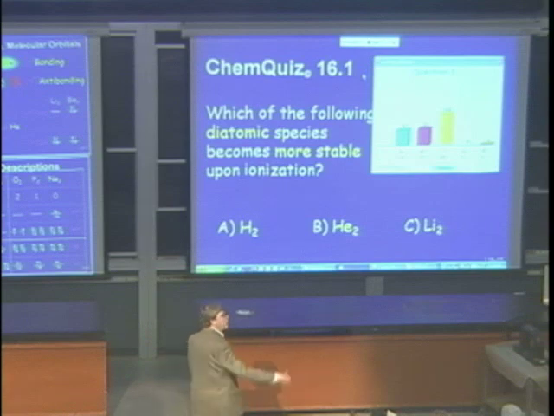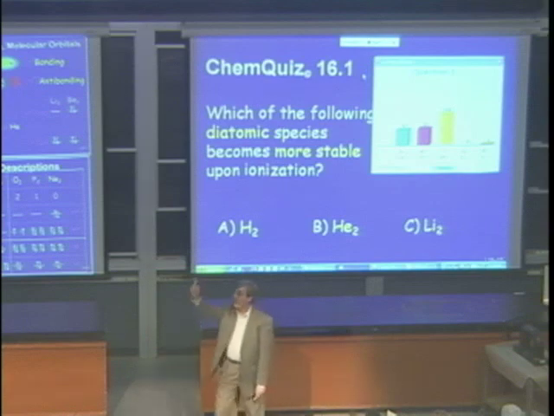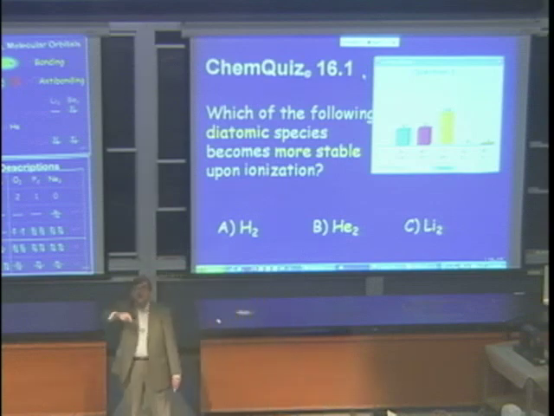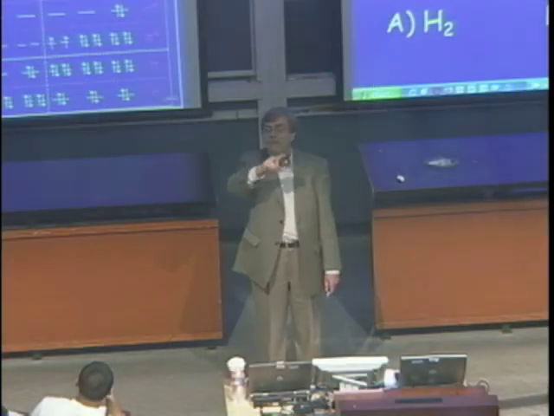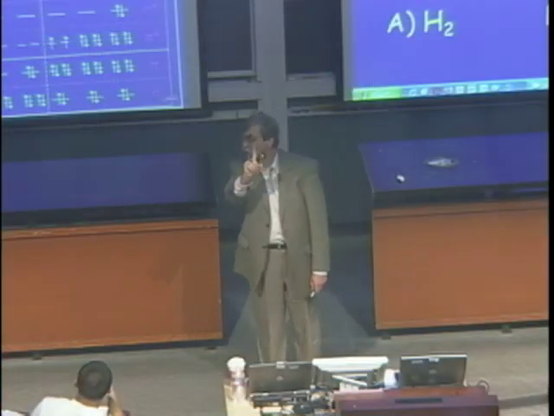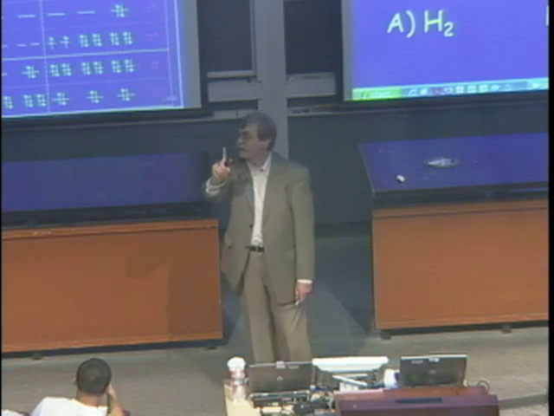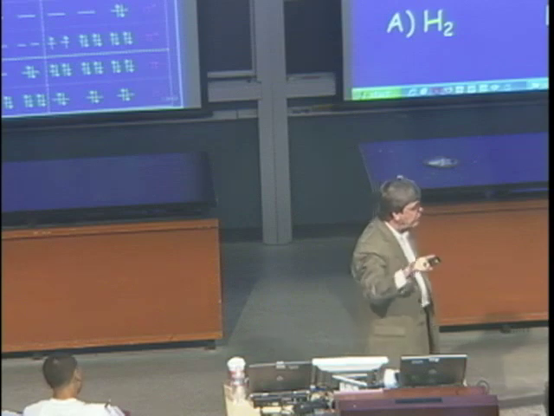Now you take 1 electron away. How many do you have now in your bonding? 1. Minus 0 divided by 2 is what? 0.5. Exactly. Bond order 0.5. Your bond order has decreased now. It became less stable.